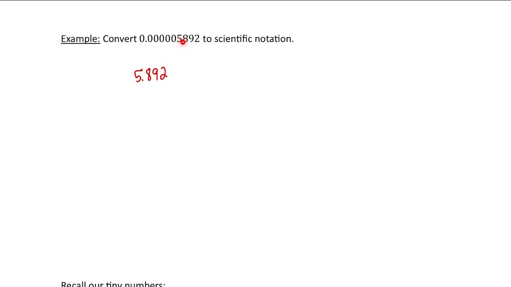Well, it goes 1, 2, 3, 4, 5, 6. So this is 5.892 times 10 to the negative 6th power. And notice when you have 10 to a negative power, that's when you're dealing with these tiny numbers, 0.0000 something. When you have 10 to a positive number, that's when you're dealing with the big numbers. Okay, so this is the number in scientific notation.